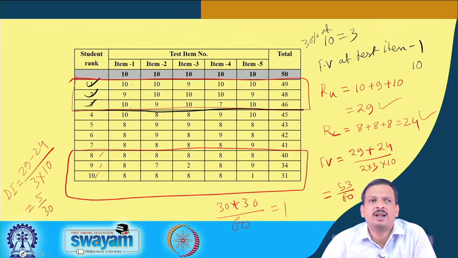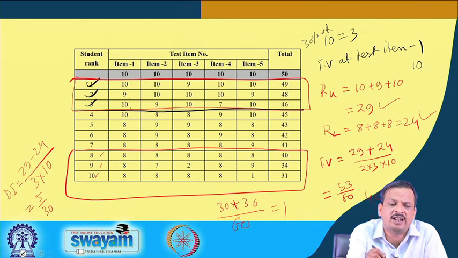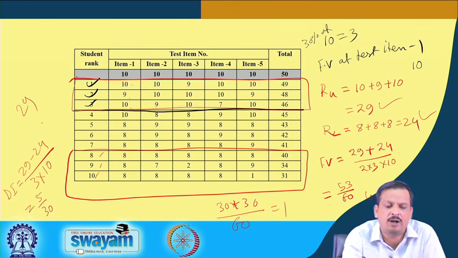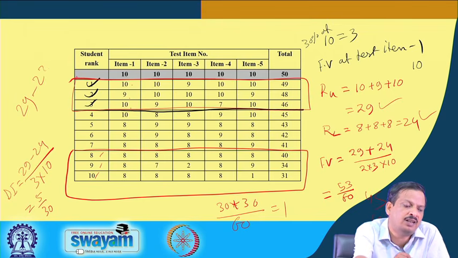Okay. So, I can calculate the DI value for test item 2. Marks obtained by upper group 29, marks obtained by lower group 8 plus 8 is 16, plus 7 is 23. 29 minus 23 divided by 30, so 6 by 30.